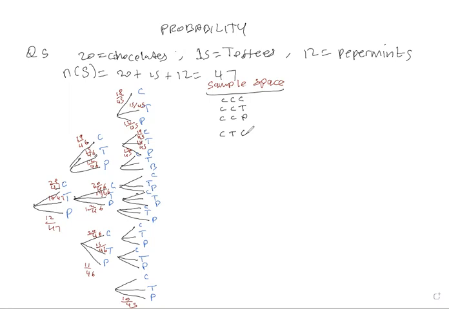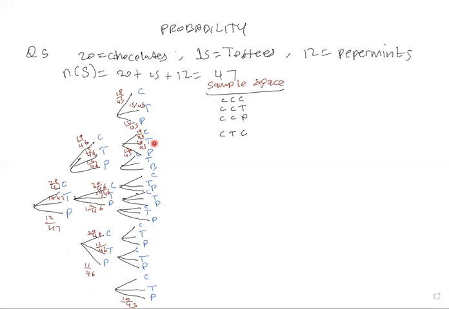So we are saying that we are done with CC, because if we are to go to C again, it means the last one is P, which is already done. So it means we have dealt with these two already. So the next one is this. So we have CTC. Then we have CTT.